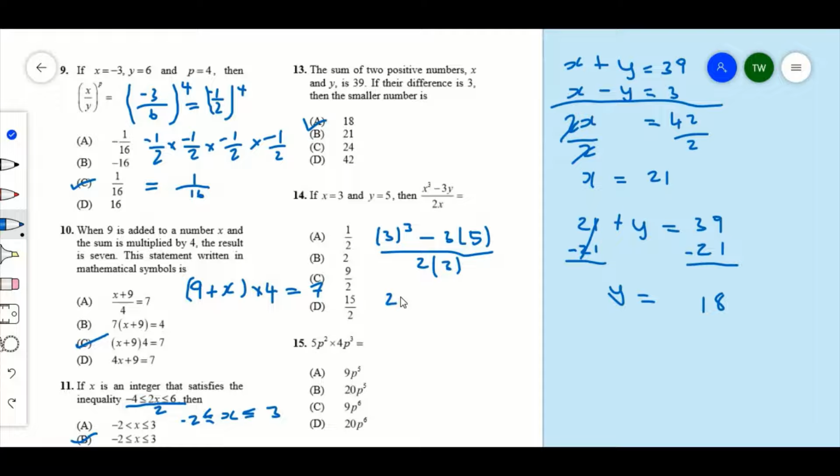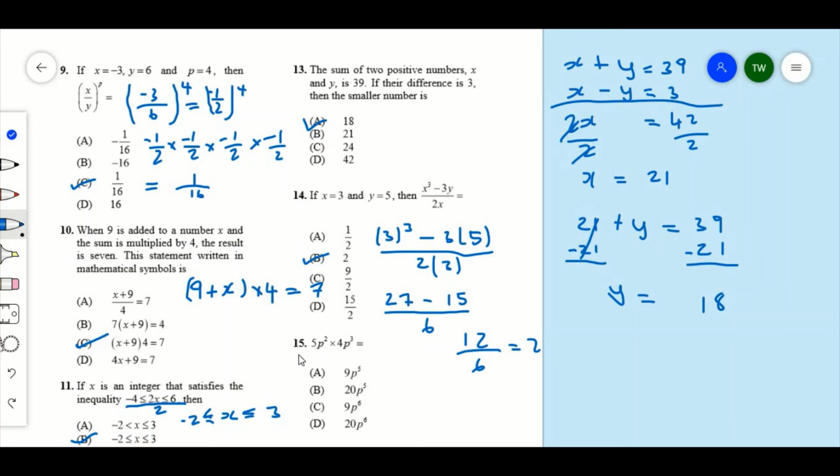So we're going to have 27 minus 3 times 5, that's going to give us 15, all over 2 times 3, that's going to give us 6. 27 minus 15 is going to leave us with 12, all divided by 6, and 12 divided by 6 is going to leave us with 2. So our answer for 14 is going to be B, sorry.